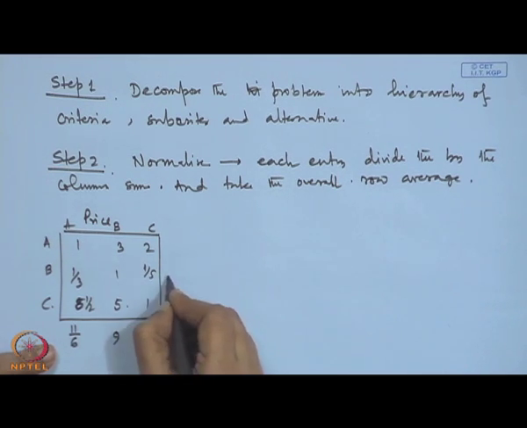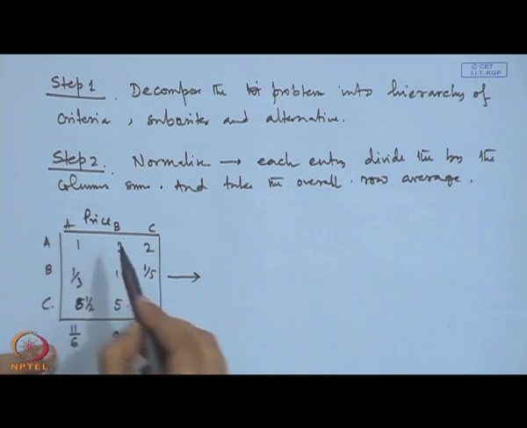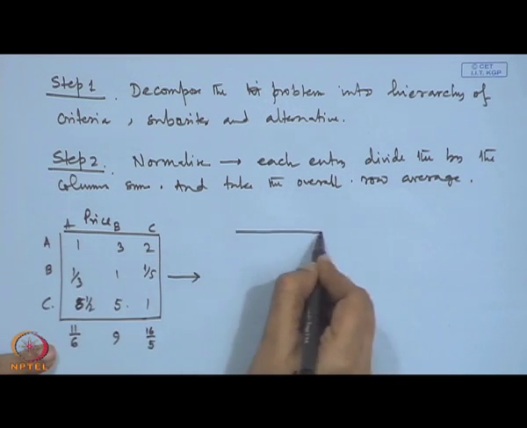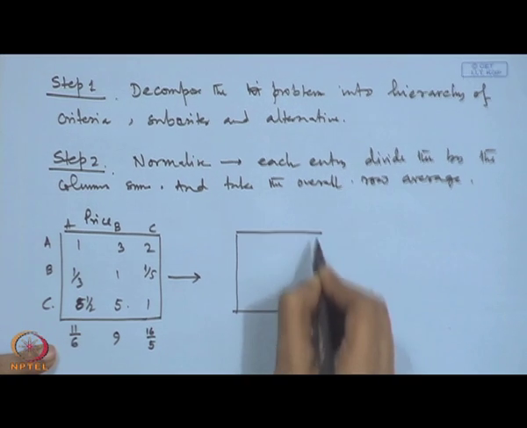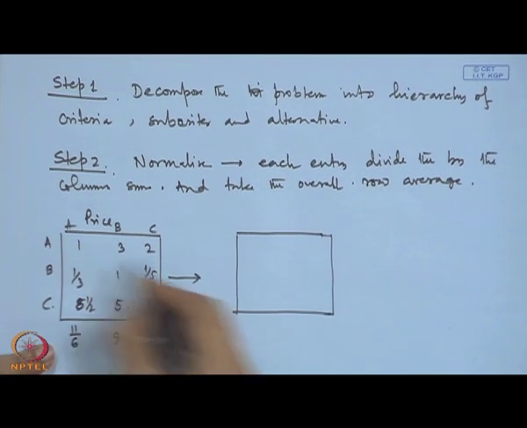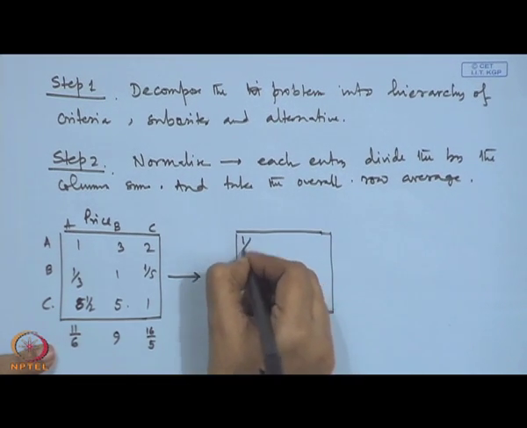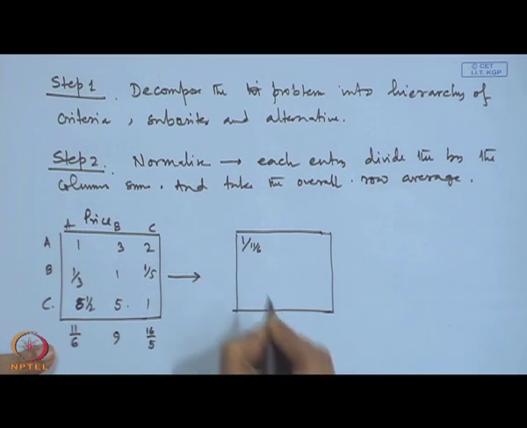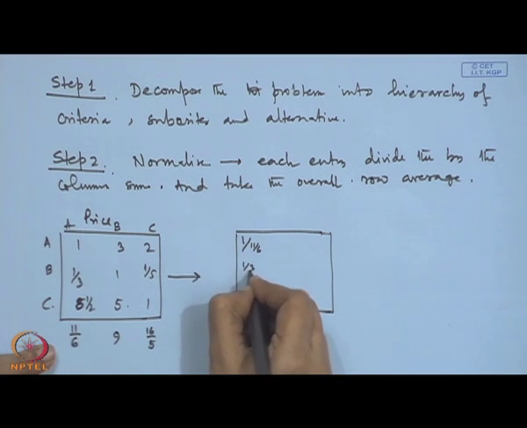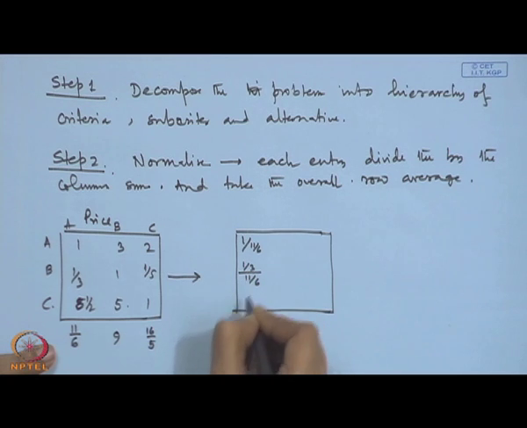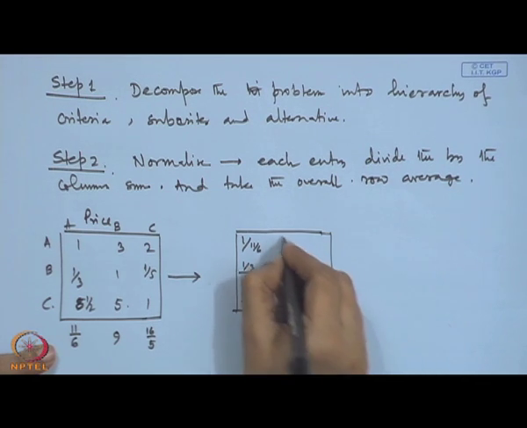All right. After this, we are considering the matrix in this fashion. We are considering 1 by 11 by 6, 1 by 3 by 11 by 6, 5 by 11 by 6. In this way, we are completing the whole table.